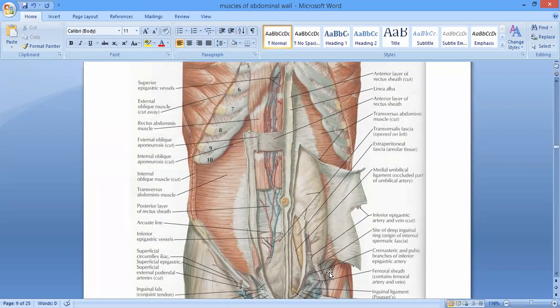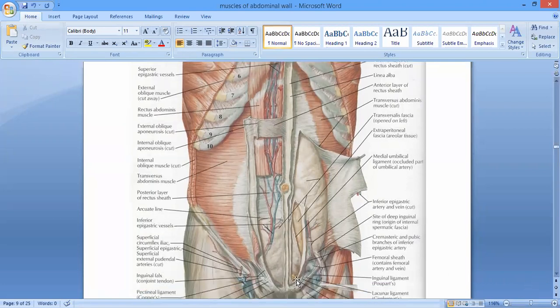Pubic symphysis, midline. ठीक है, xiphoid process से ये midline, ये देखिए pubic symphysis तक आ रहा है. ठीक है, it's a thin narrow band which is basically representing the line of fusion between the two rectus sheaths on both sides, right and left. And here you can see above the umbilicus it is a bit wider, and below it is narrower. ठीक है, and then it is going to attach over the pubic symphysis. कोई प्रॉब्लम तो नहीं है बच्चे यहाँ तक?